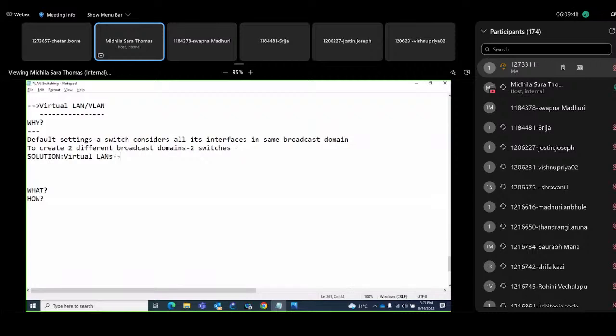With this, a single switch can accomplish the above goal. There is no requirement of two or more switches. With a single switch, you can accomplish this goal. This is what we are going to learn for the day.